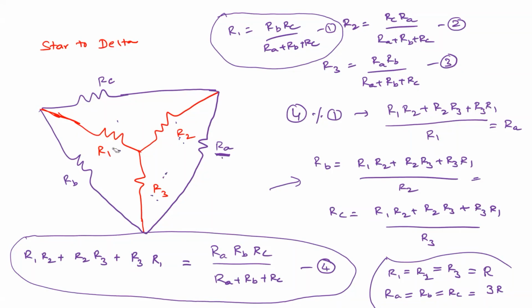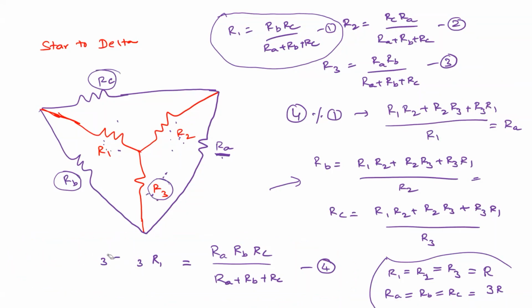Similarly, to obtain RB, take R1 R2 plus R2 R3 plus R3 R1 and divide by R2. Similarly, for RC, divide by R3. Clear? If you solve some examples, you will understand.